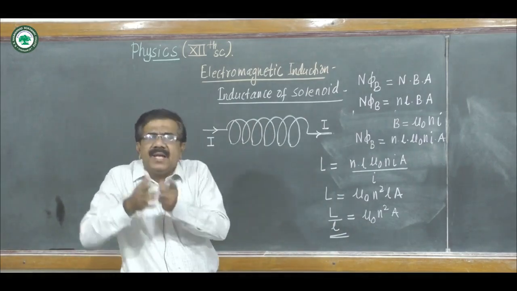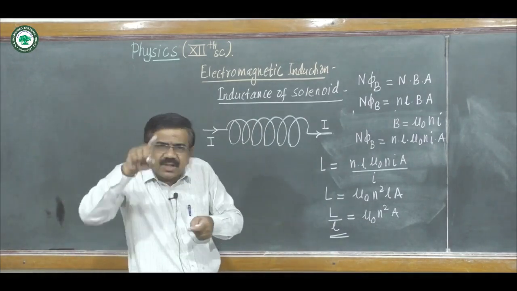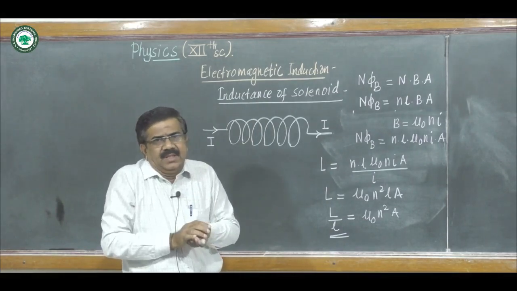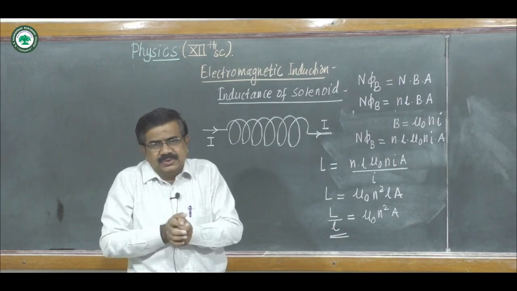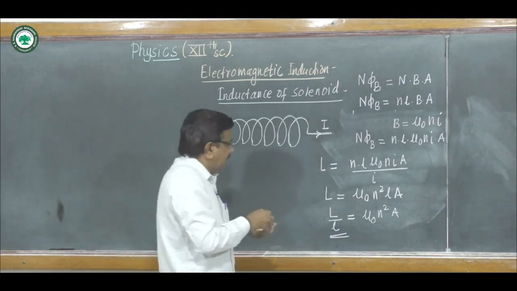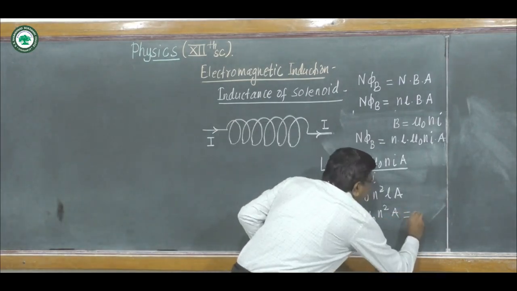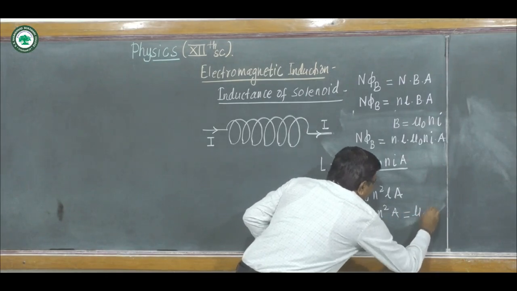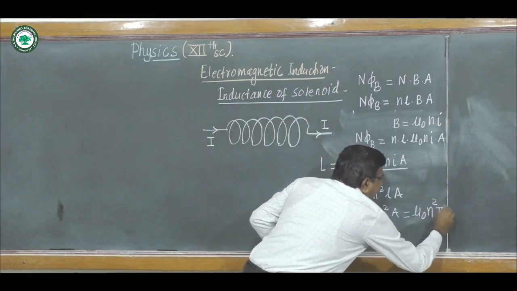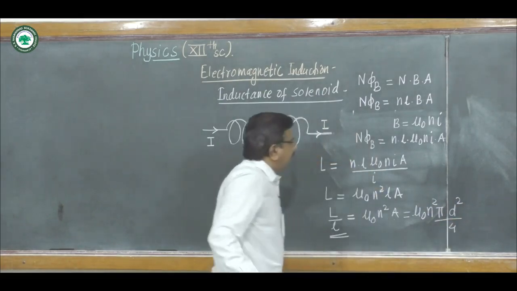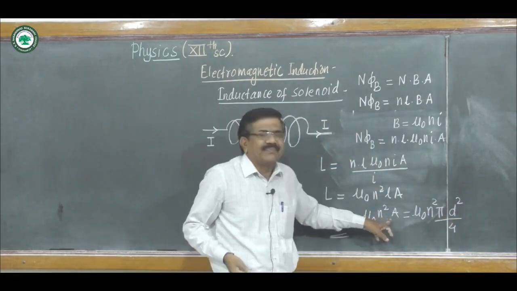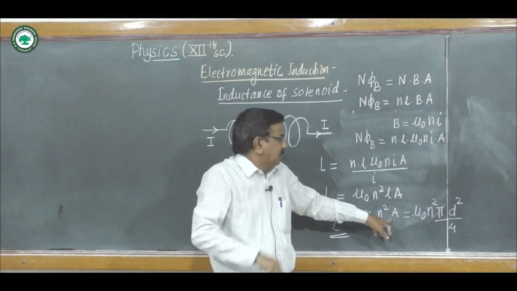But as we know, area is pi r square for the circular shape, and r is d by 2. Hence, this is mu 0 n square pi d square by 4. Area is pi r square, but r is d by 2.